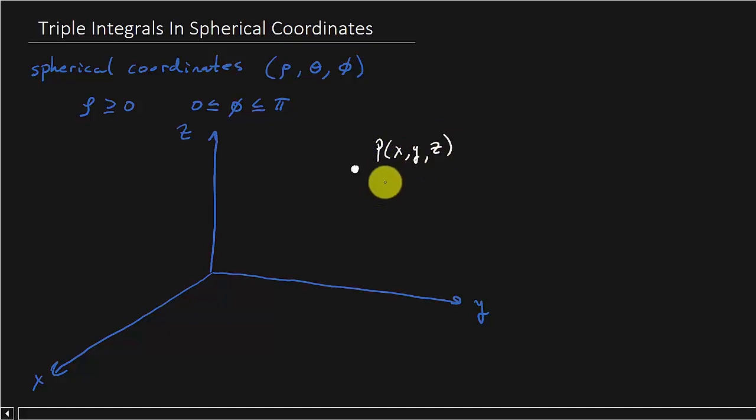Or we could write this point in spherical coordinates as rho, theta, phi. We have a line here, and this is rho, the distance from the origin to this point. And this angle here is angle phi.